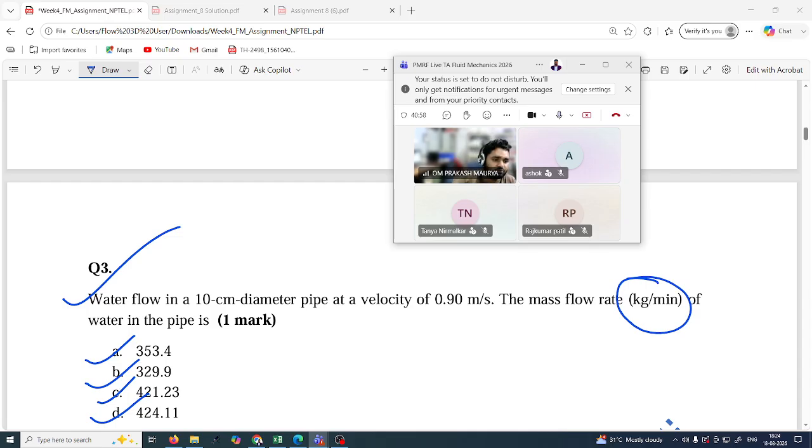So I'll give you 2 minutes. Within 2 minutes, please try to write your answer in the chat box. 2-3 minutes you can take. After that, I'll explain the detailed solution. I'm waiting for all of you.